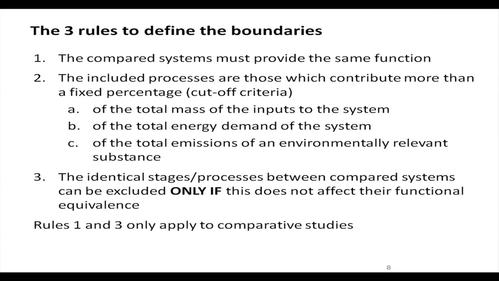Unit processes which are common to two systems can be excluded. We have looked at cradle to grave, gate to grave, and cradle to gate, all three kinds of LCA scenarios. And we will continue to look at, especially point 3 on this particular slide, where the identical stage and process can be excluded. We'll look at that in detail in the next video.